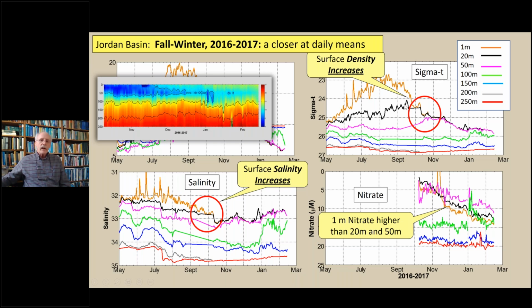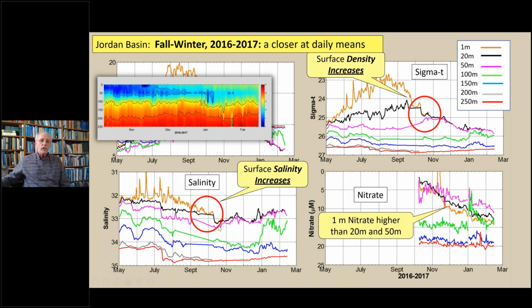We noticed that in that fall period, we see the surface density, and the axes here are reversed so that everything follows the trend we see with the eye, where something goes down, it's getting colder, and saltier. Anyway, we see the sharp increase in density here in October, November.